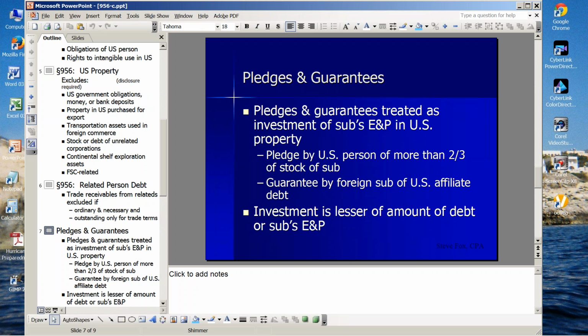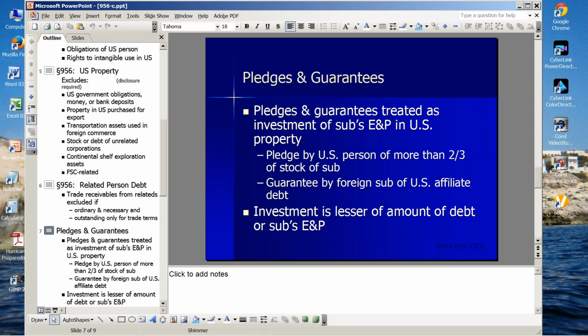That can cause massive U.S. tax that is not intended by the bank and hurts the bank. So if you encounter a bank saying, well, we've got to have those CFCs guarantee the U.S. debt, have the people at the bank talk to their tax people. They're not going to believe you. They're not going to believe me.